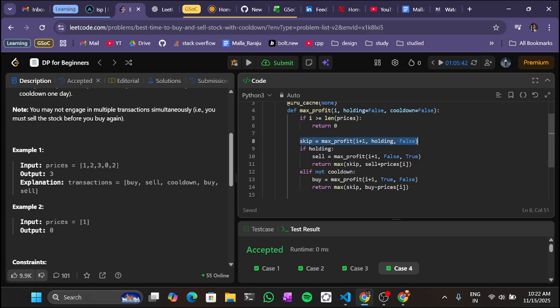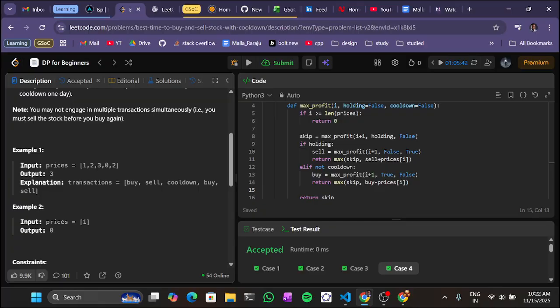Or if you are not holding any stock, like if you didn't buy any stock, then you have two chances. That is to buy a stock, or you don't want to buy a stock. So skipping is an option at every step.